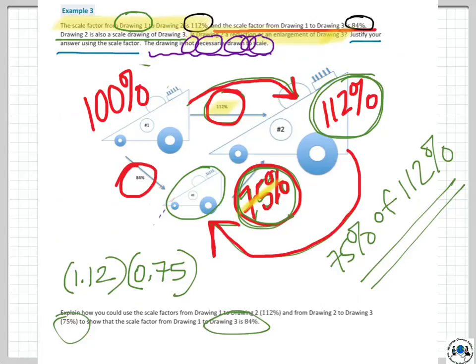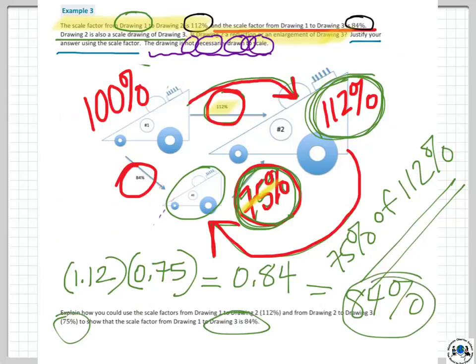If I know that I need to come up with 75% of 112%, and I do that multiplication, that comes out to 84%, or 0.84, which is 84%. That's where that comes from.